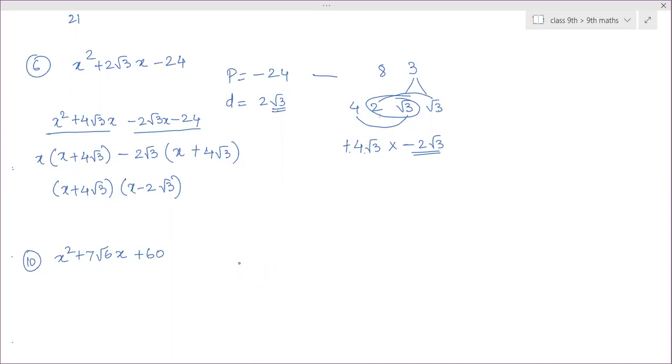Right now these are the easier ones; in 10th they are somewhat complicated. In the exam, this type of middle term splitting factorization will be there, but only for real and rational numbers, not for irrational numbers. But if they change the pattern, then I don't know.